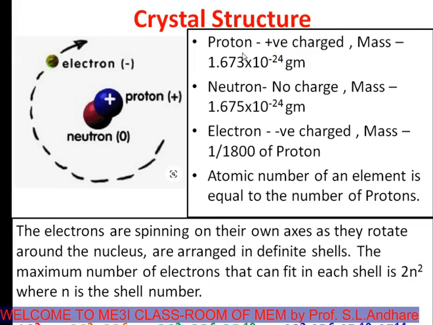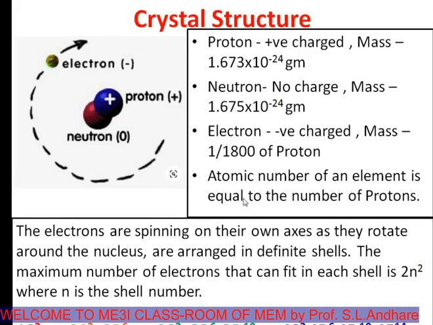While the charge of electrons and protons is equal in magnitude, the mass of an electron is far, far lower than protons, that is, 1 by 1800 times less than protons. That's why the nucleus is very massive as compared to electrons, which are orbiting around this nucleus.